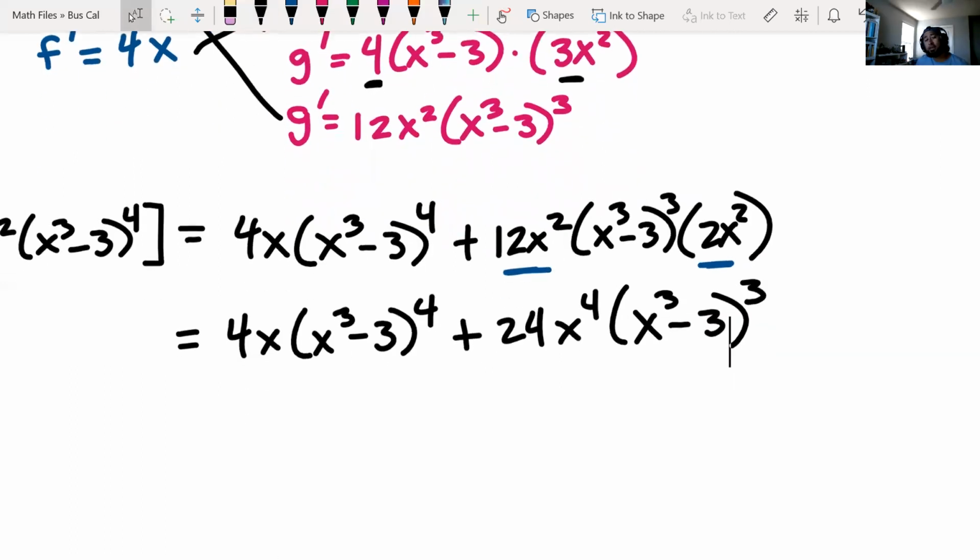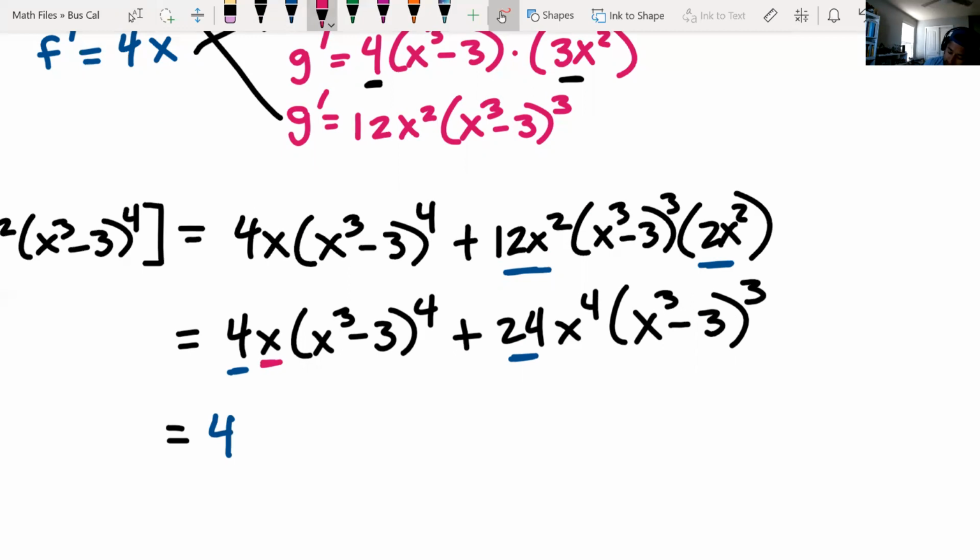Now, I don't know if it'll take that as an answer. I may have you factor it. So let's go ahead and just simplify this a little bit more by looking at greatest common factors. So here I have a 4, and here I have a 24. The greatest common factor here is 4.